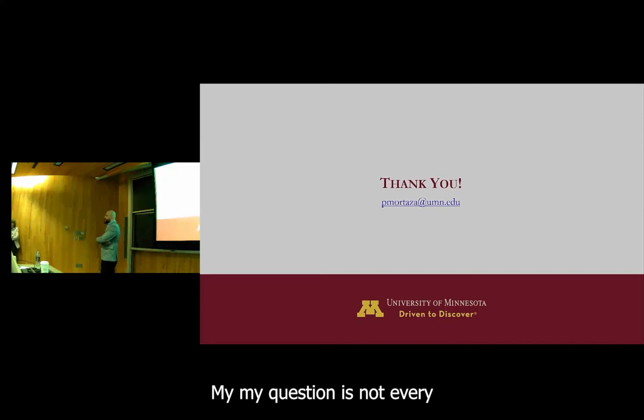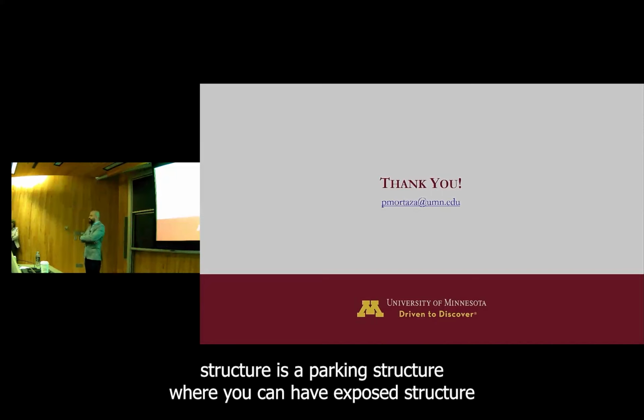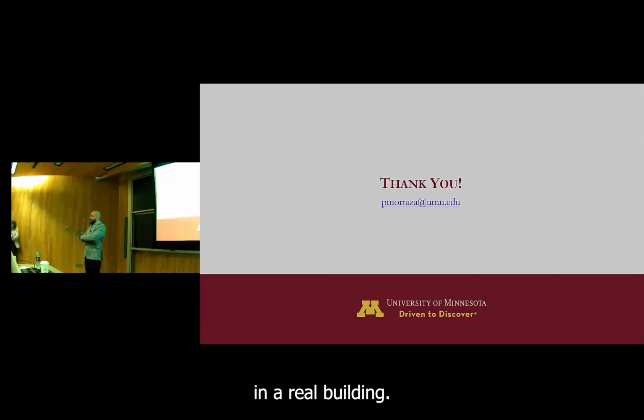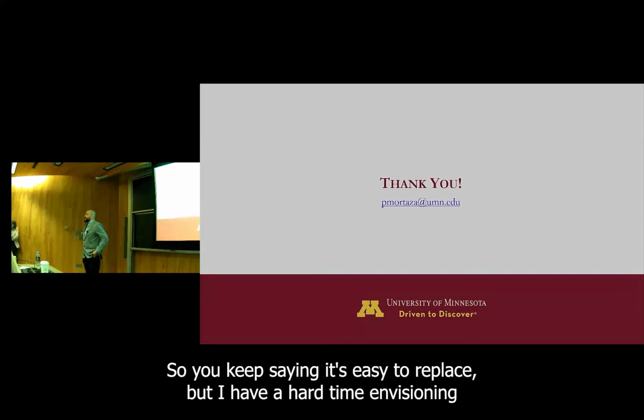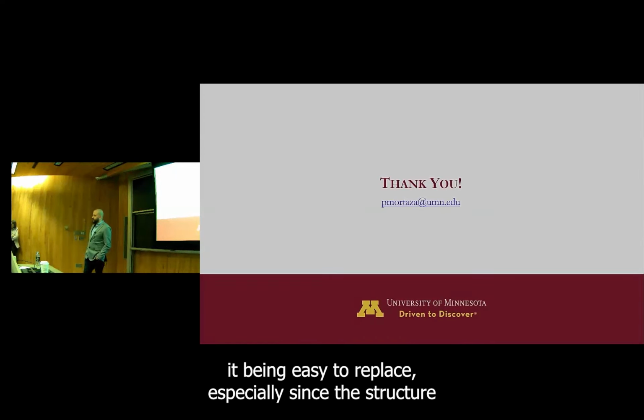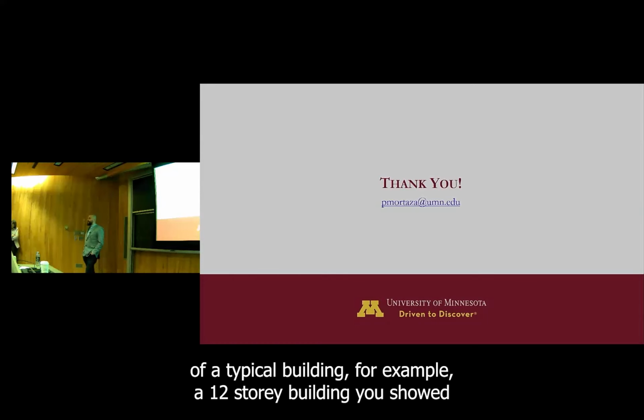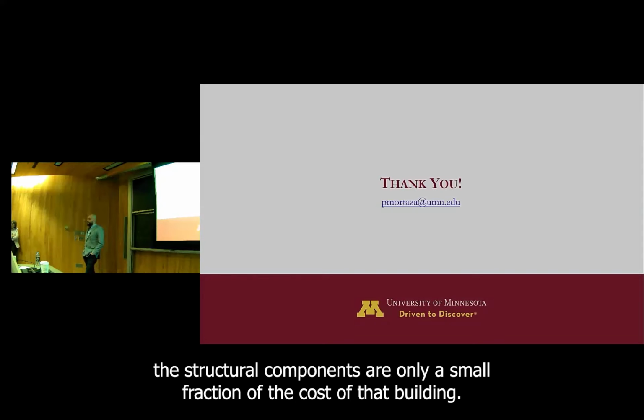Okay, my question is, not every structure is a parking structure where you have exposed structure. In a real building, everything's hidden. So you keep saying it's easy to replace, but I have a hard time envisioning that, especially since for a typical building, for example the 12-story building you showed, the structural components are only a small fraction of the cost.